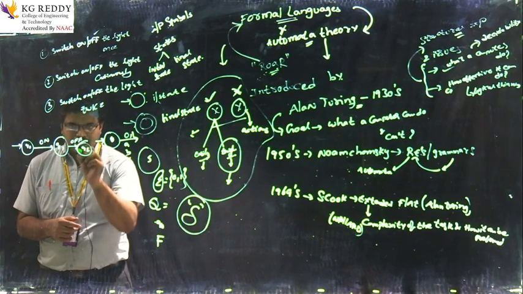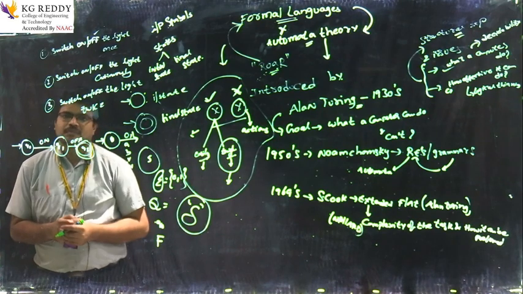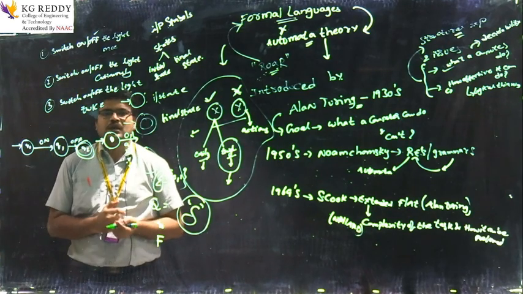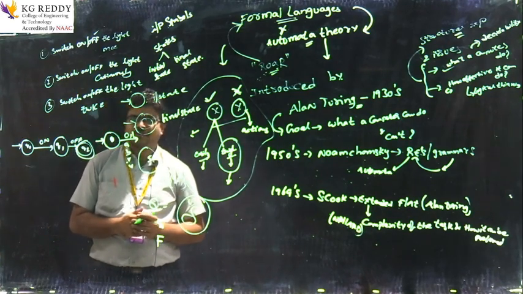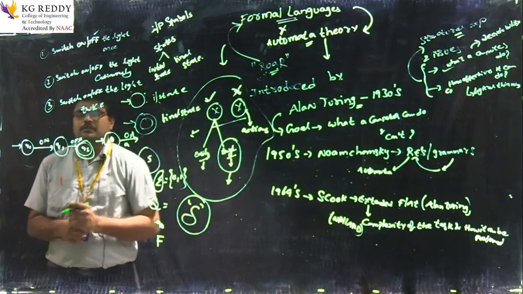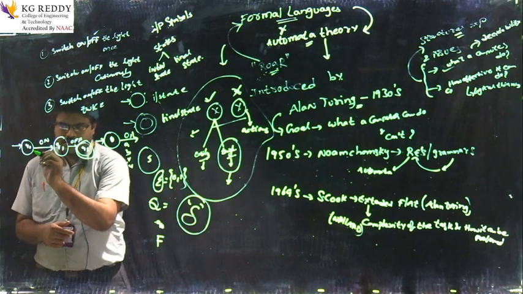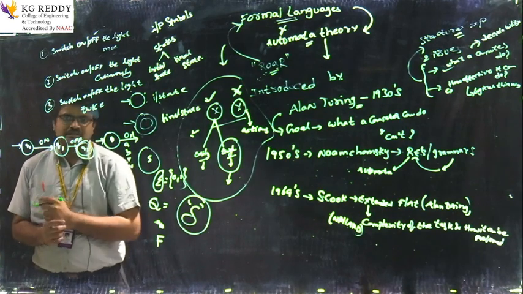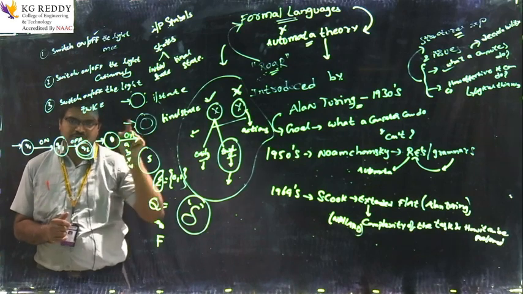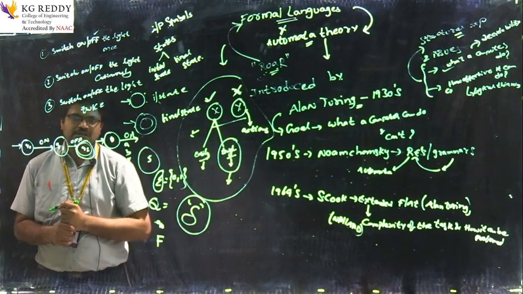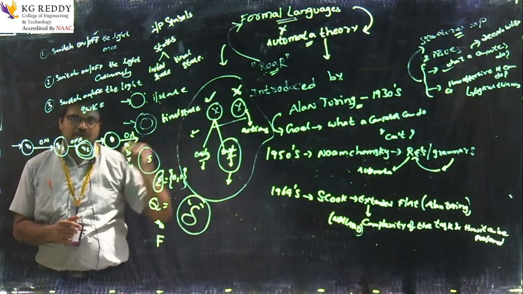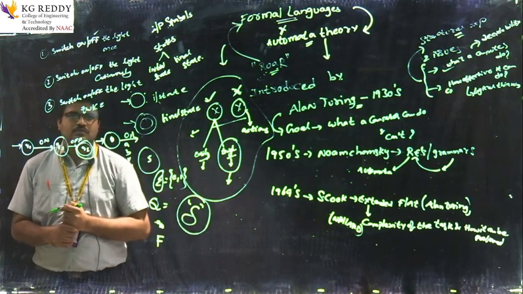Is this diagram suitable for all three tasks I have given? No. Why? Here I am in the initial state, I have performed the operation switch on, now I am in another state, I have performed another operation off, and I have completed.